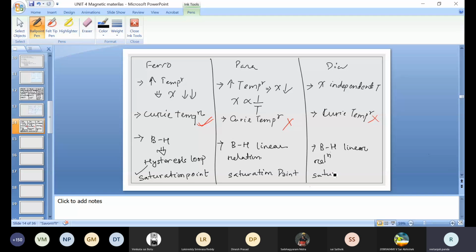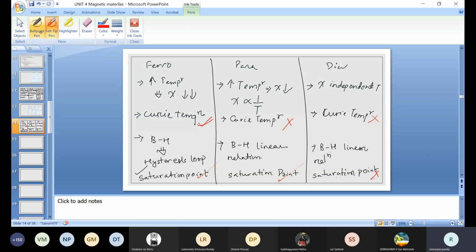That means in case of your hysteresis loop, we find a saturation point. In the linear relationship of paramagnetic material between B and H, we find a saturation point. But in case of diamagnetic material, in the linear relationship of B and H, we don't find any saturation point.